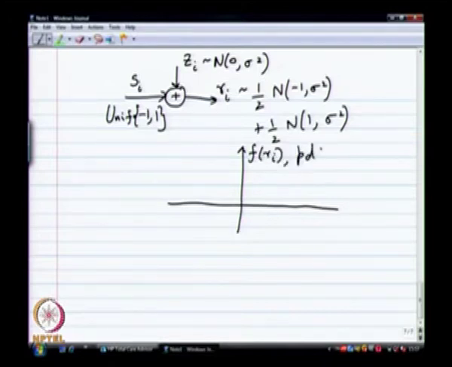Okay, this is the PDF. It will look like this, depending on the value of sigma, which we will assume is small enough compared to minus 1 and plus 1. Trivia question, what is this height?